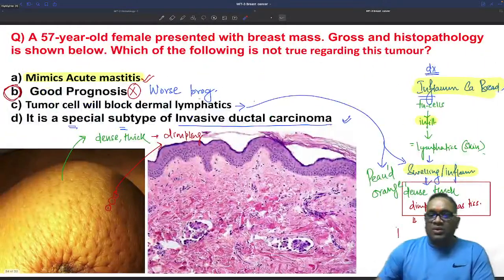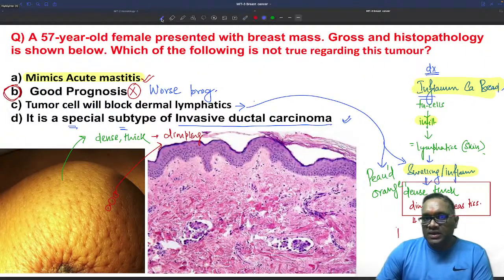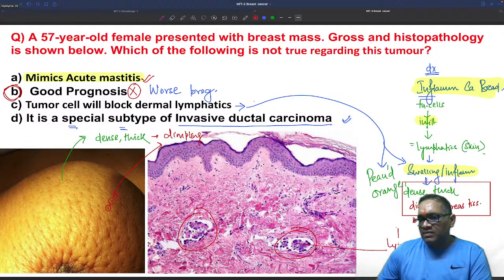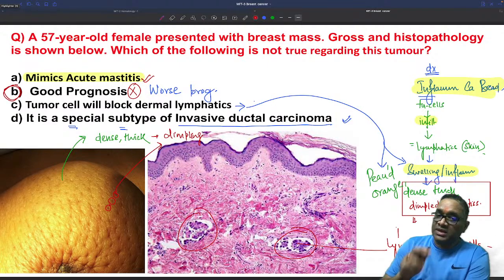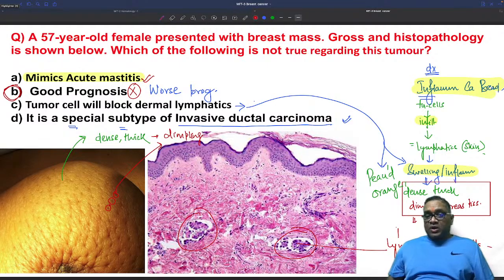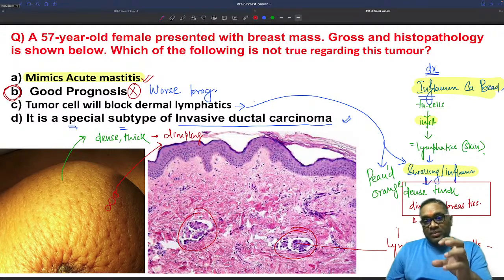One thing I forgot to tell you: in this histopathological image, you can see these are the lymphatics, and in these lymphatics you can see tumor cells. Because these are dilated lymphatics, they would usually have lymphocytes, so this looks like inflammatory cells in the lymphatic.